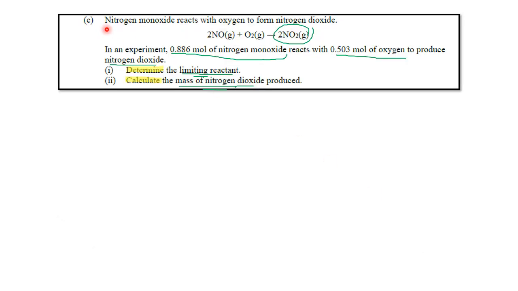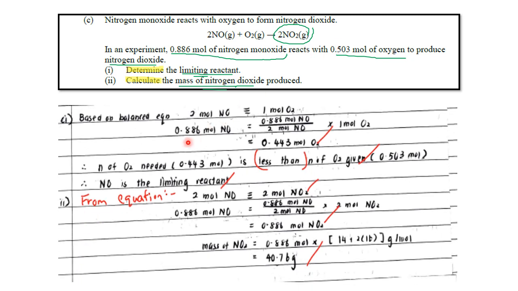Now question number c. I think this is quite easy because the mole is given. Step 1, you just need to compare based on the balanced equation, 2 mole of nitrogen monoxide is equivalent to 1 mole of oxygen. Make sure you are using the three-line equivalent. 0.886 is the mole given by the question.